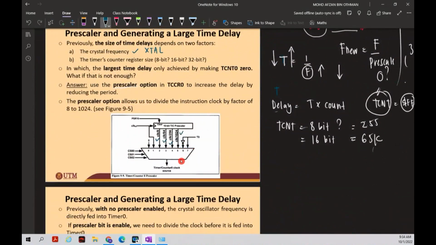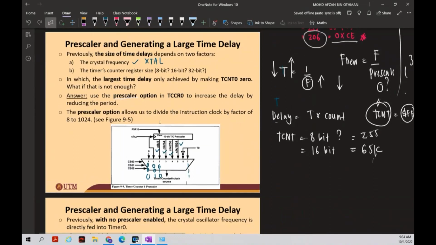And this is the combination. No clock source, or stop the timer, the combination would be 000. No prescale is 001. Clock 8 is 010, and so on until number 7, which is 111. So this is how the prescale works.